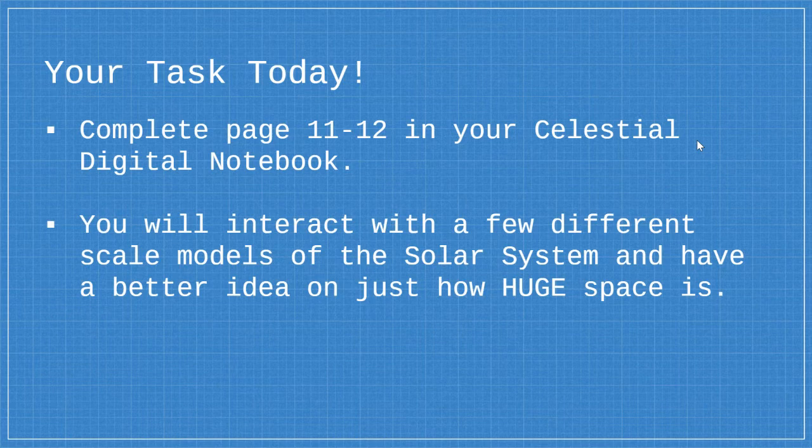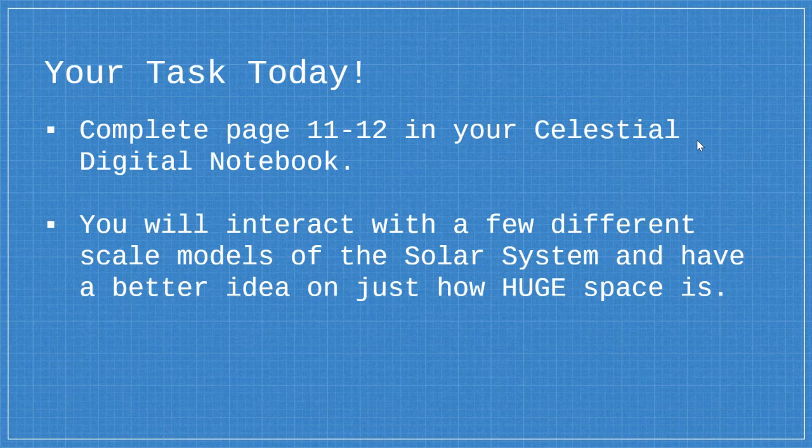Again, think about relative size and distance between each of the objects, which they've shown using a football field. And then on page 12, you're completing a solar system scavenger hunt by interacting with a digital solar system model. One thing that's cool about digital is that distance becomes not as great of a limitation because you can just keep moving to the next page.